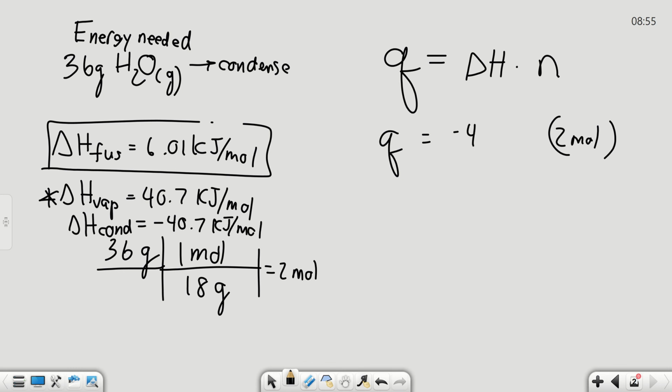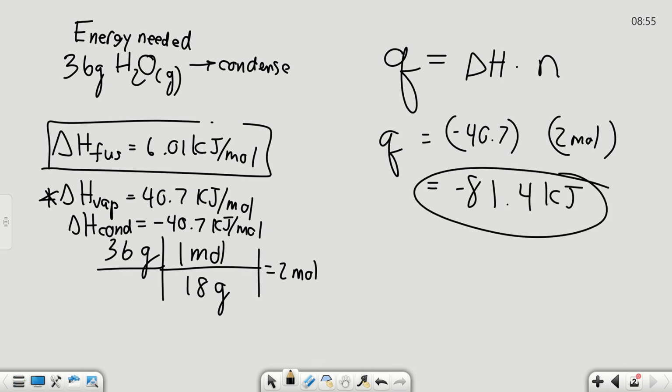Negative 40.7, so hopefully if I can do my math right, this is negative 81.4 kilojoules. So if I want to condense 2 moles of water, it's going to take negative 81.4 kilojoules, which is a whole lot more energy than needed to melt it.